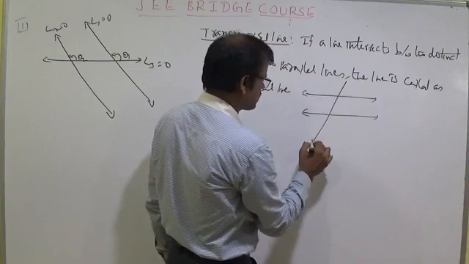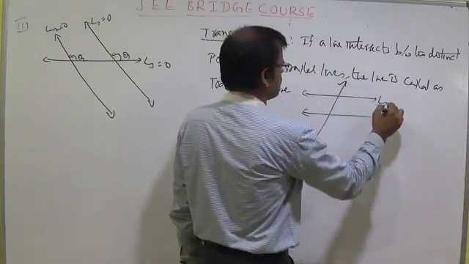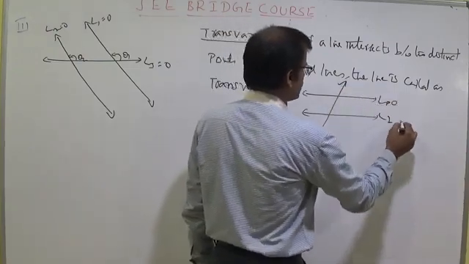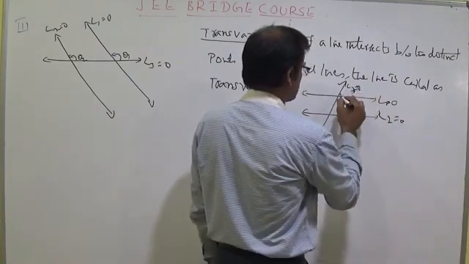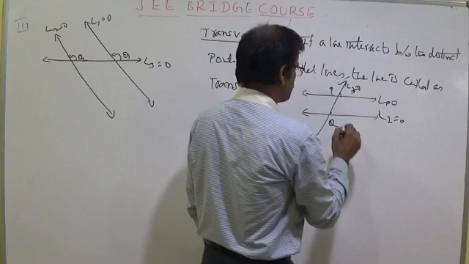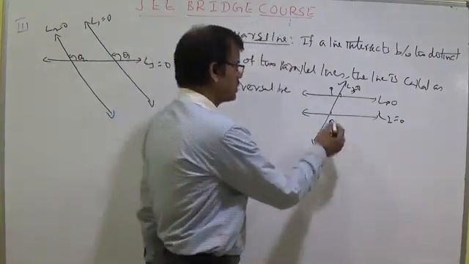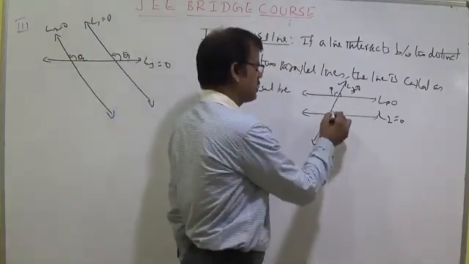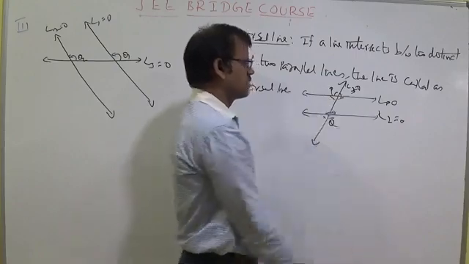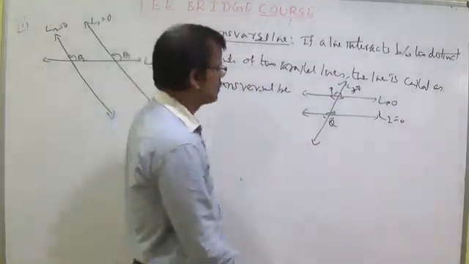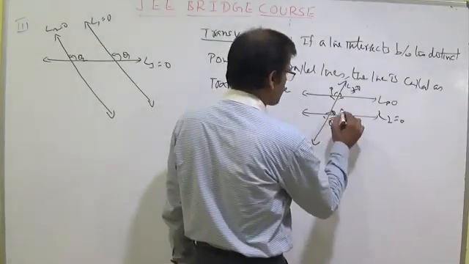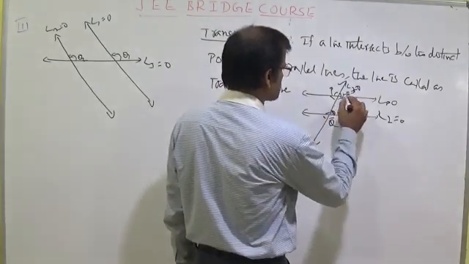Mentioning like this. These are parallel lines. Let this be L1 equal to 0 and this L2 equal to 0. This is L3 equal to 0. Here the points P and Q. In the transversal line there will be 8 angles like this. I think you know the concept, you have learned very well in 8th class itself. Above the line, here it is alpha, here it is beta.